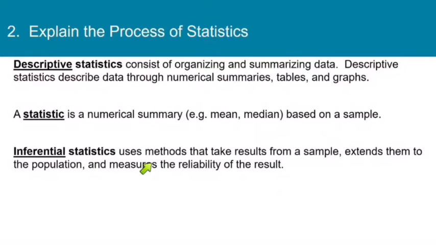I've taken information about a sample and extended it to the population. I've used information about a sample to draw some conclusion about the larger population that I have not truly studied. And I also would need to include some kind of reliability of result.